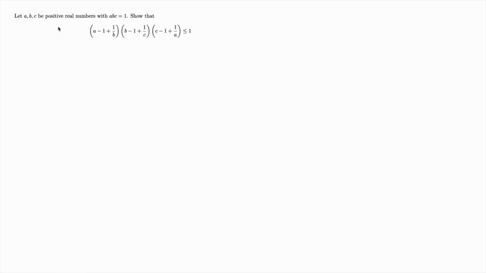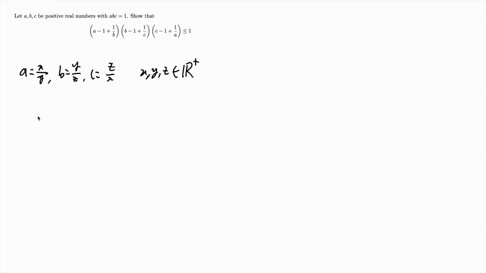So the first thing we should do after looking at this problem, and it was quite natural for me, is to write a equals x over y, b equals y over z, and c equals z over x, for x, y, z positive real numbers.